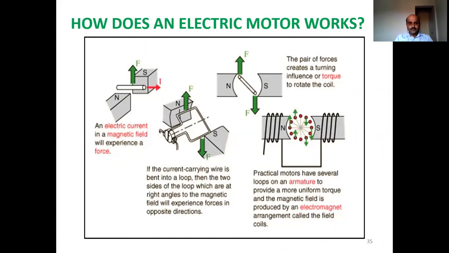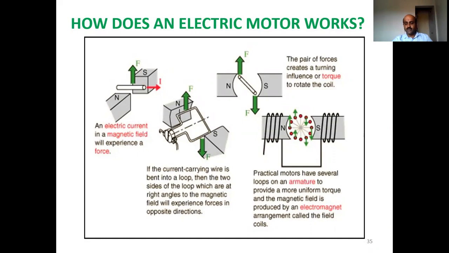So when you look at this sketch, there are two magnets. An electric current in a magnetic field will experience a force. When you place a conductor through which the current is flowing, and it comes in contact with the magnetic field, it experiences a force.